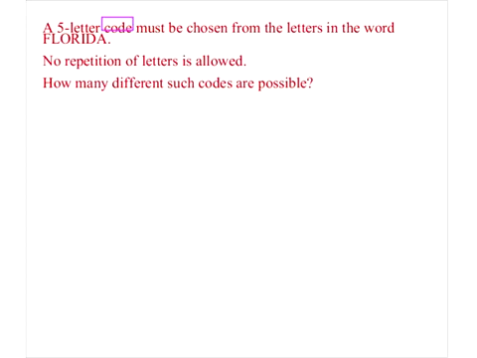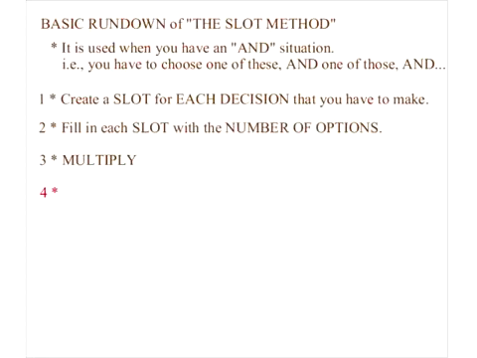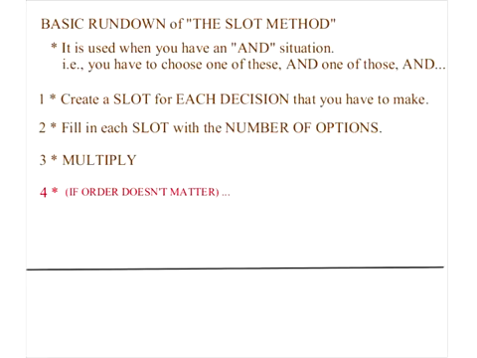Okay, let's talk about why. And first, let's clarify what order matters means. Let's go back to this page in which we were talking about this. We're going to fill in step 4 later on, but this is the step for if order doesn't matter. Again, like I promised you, we're going to fill in this step later with actual technique. But first, let's talk about exactly what it means for order to matter and order to not matter.